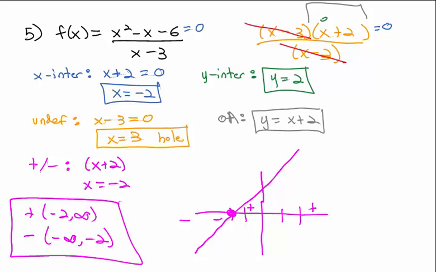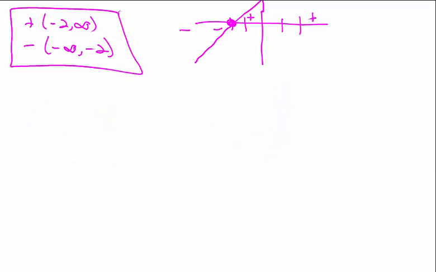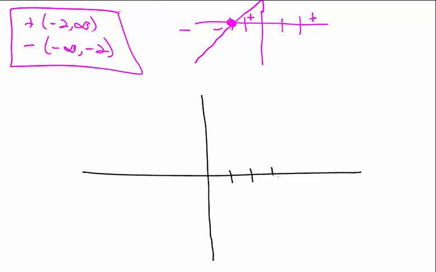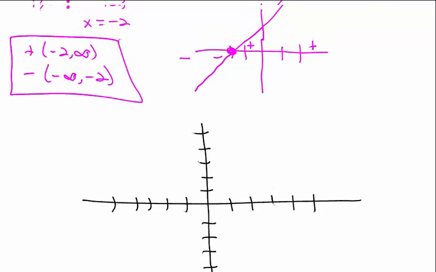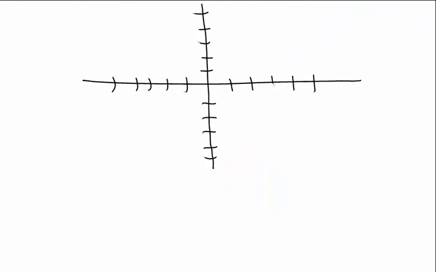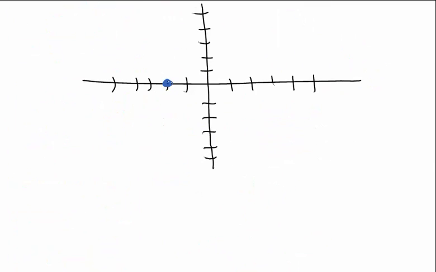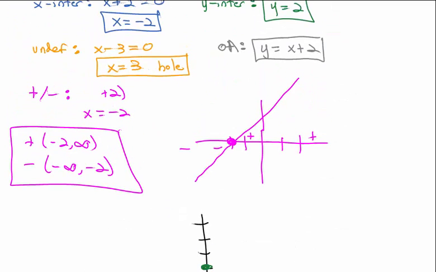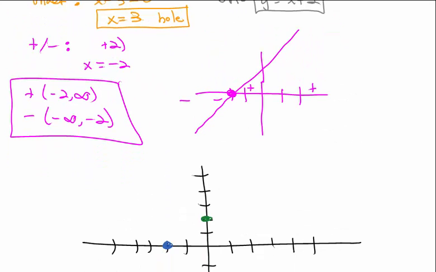So let's put this information on the graph. The x-intercept is at negative 2. Let's start there. The y-intercept, I think, was at positive 2. Yep. There's a hole in the graph at x equals 3.